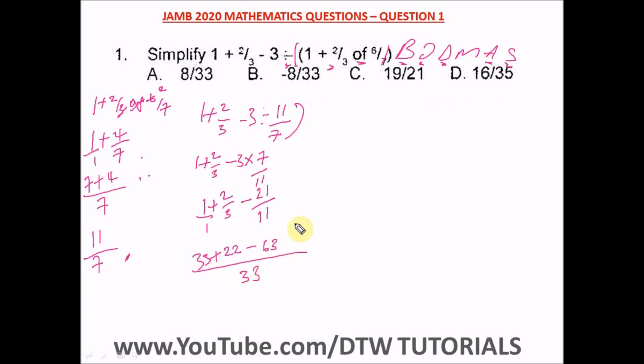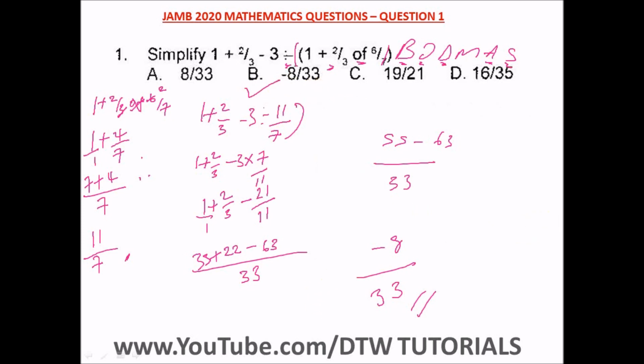If we apply our guide, we have to add first before we subtract. So giving us 55 minus 63 over 33. 55 minus 63, we have a negative 8 over 33. So this is our answer, and that is our B. So that is for that.